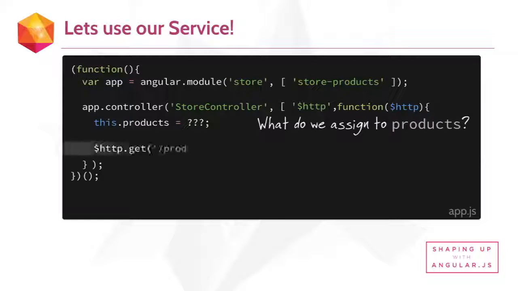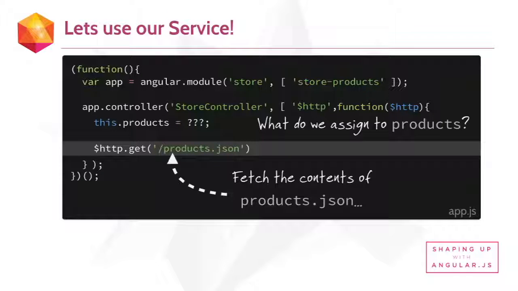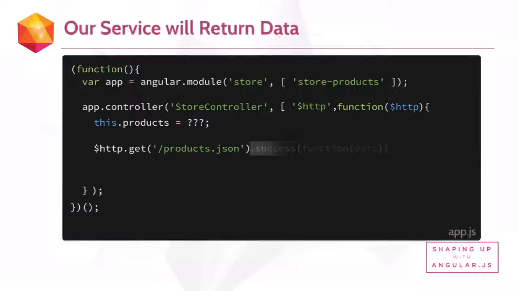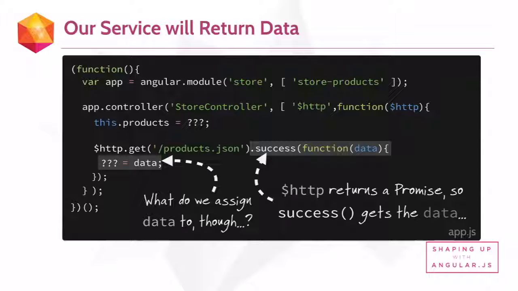So we'll write $http.get, specify the URL to call. Now we need to tell it what to do when it gets the data back, so we'll write .success, send in a callback to success because it's going to return some data, and now we need to do something with that data. Really, we need to set it equal to this.products.